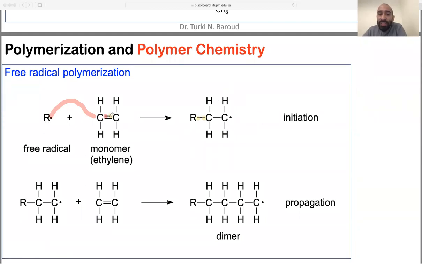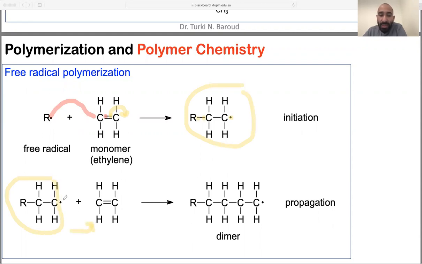Now the extra electron that you have here is going to move outside, as you can see over here. So it's called a free radical now. You initiated the reaction, and now you have this free electron over here. What's going to happen if this one sees another monomer?